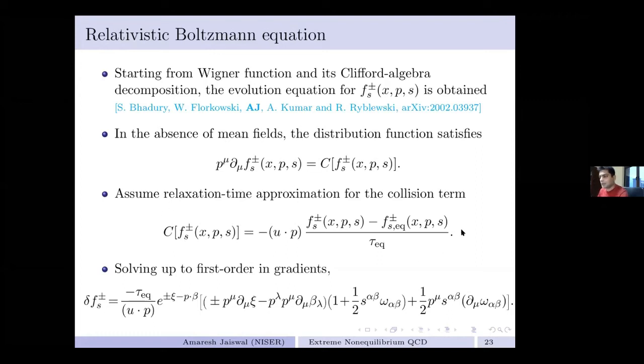Given this RTA, we can solve for delta f. In the gradient expansion, the first order correction to the distribution function in gradients can be calculated here. So this is the form of delta f, which we will use to obtain dissipative equations.